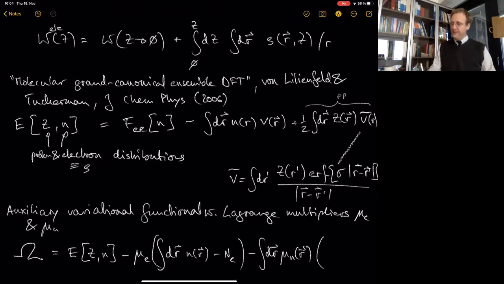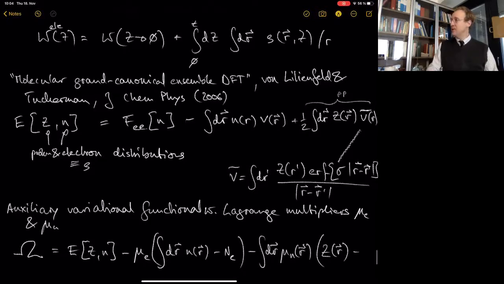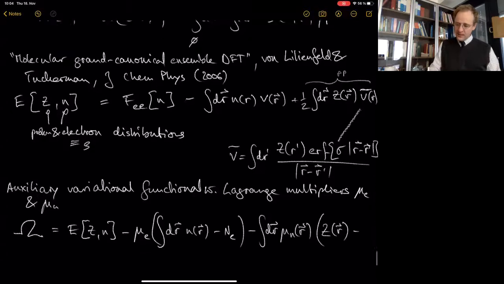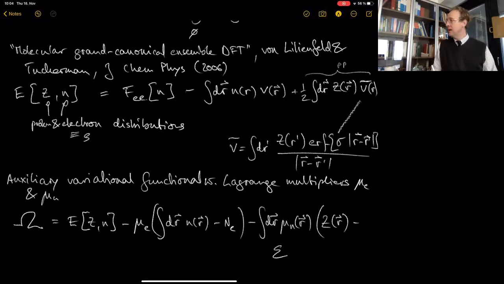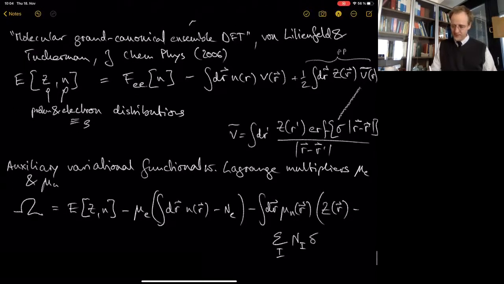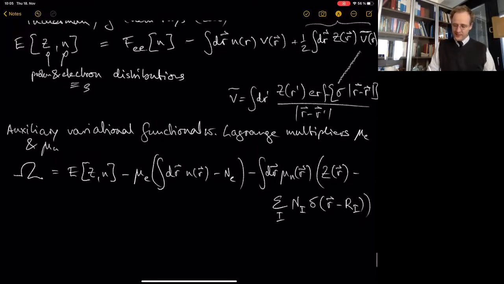And your nuclear charge density at the position of the atom has to be the nuclear charge of atom I. And we basically have here a Kronecker symbol that switches that on. I apologize for this, this is not the number of atoms anymore. We used N_I previously for the number of atoms, but this is the nuclear charge of atom I, or the atomic number.